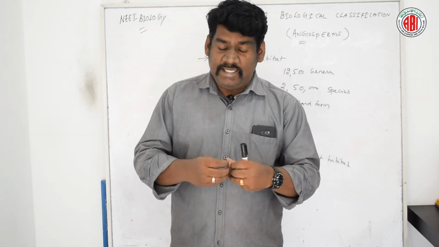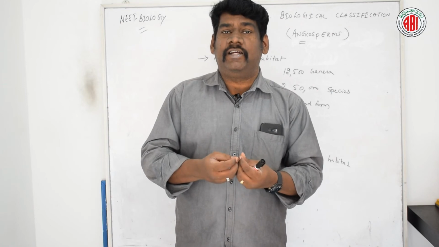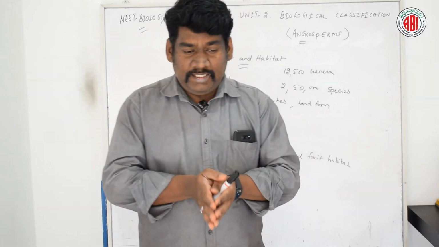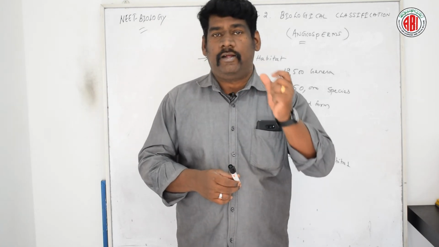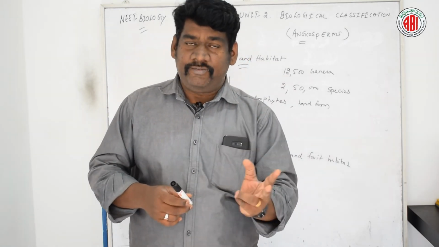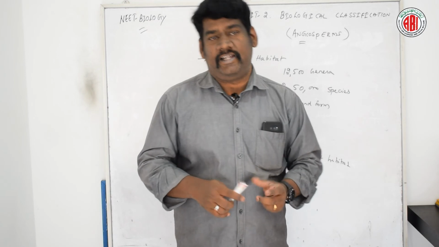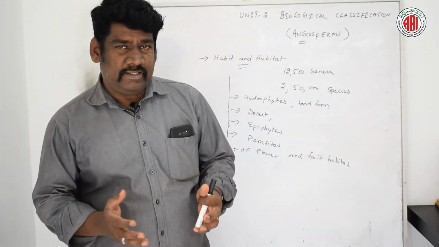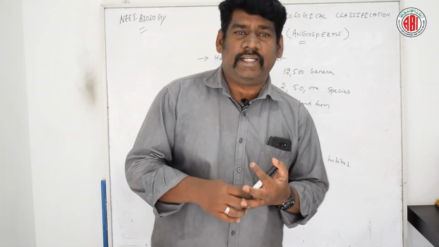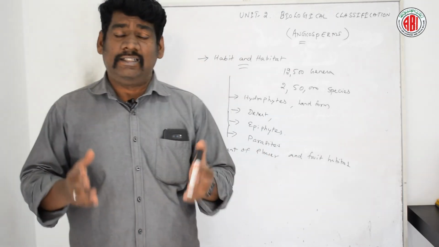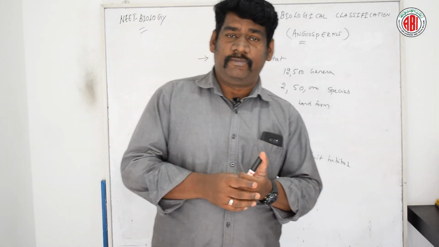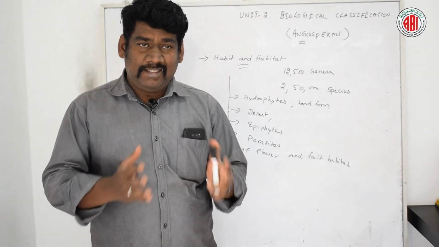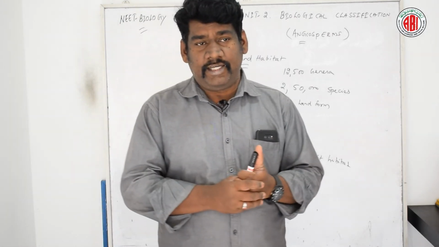Once the seed emerges, if it produces a single leaf, it is called monocotyledon, or if it produces a double leaf, it is called dicotyledon. What is the meaning of monocots and dicots? These are the further subclasses of angiosperms, called dicotyledon and monocotyledon.